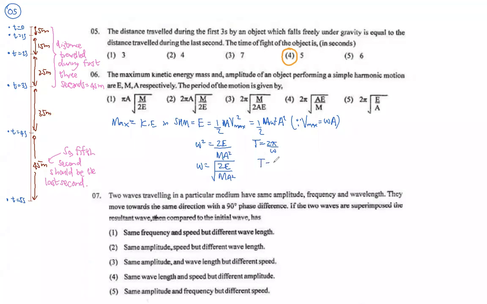So T is going to be equal to 2 pi into 1 over omega, the reciprocal of this, square root of M A squared over 2E. I think they have taken this A out of the square root. So T is equal to 2 pi A square root of M over 2E.